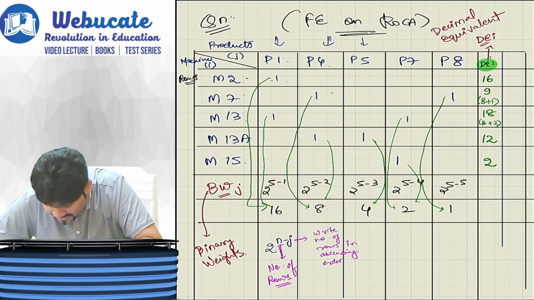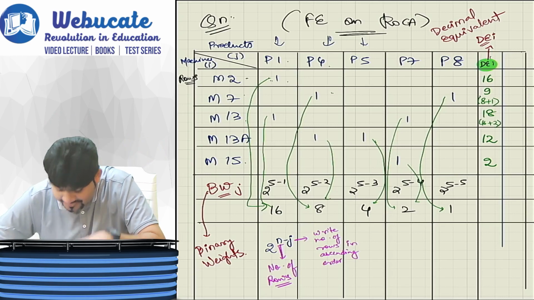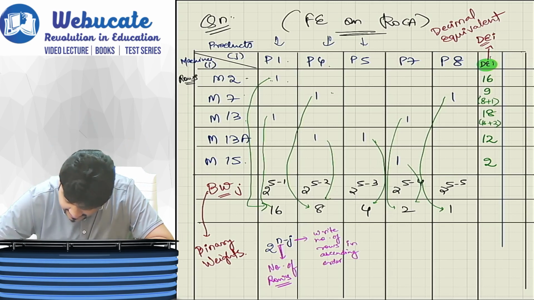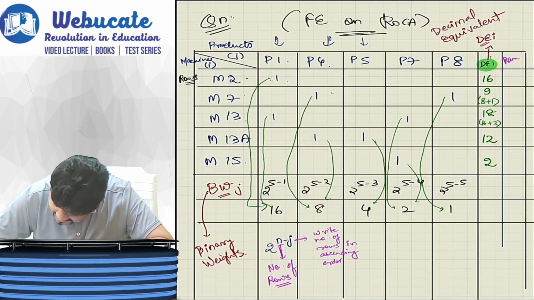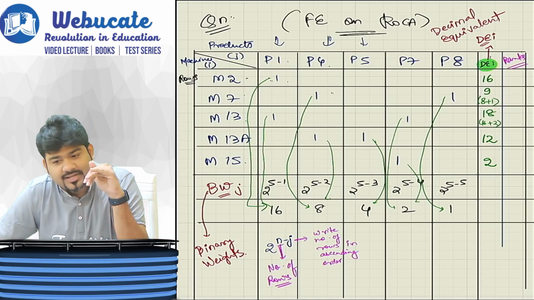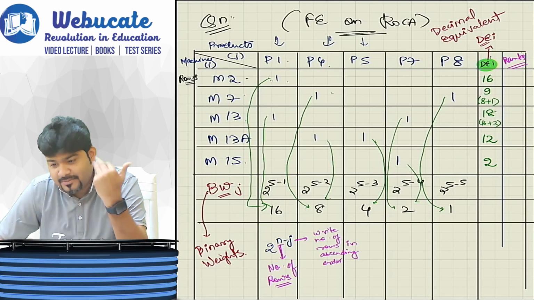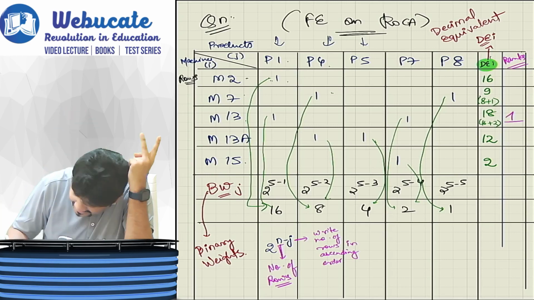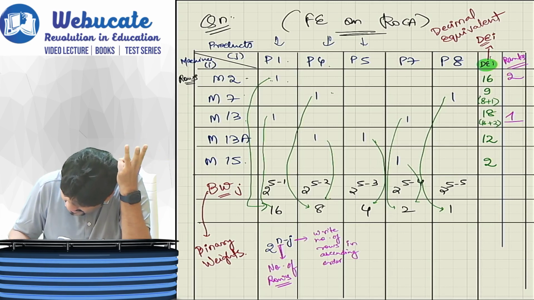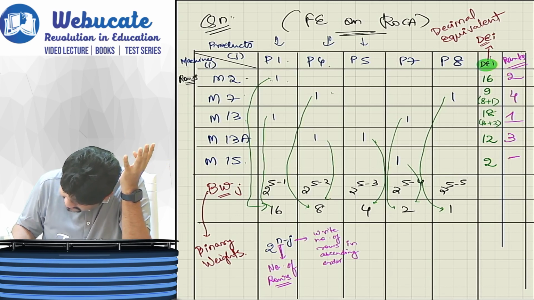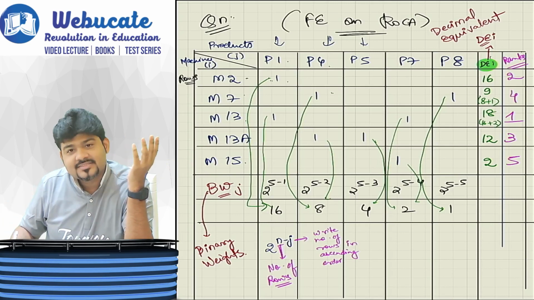Now we have to give the ranks. Almost the last step. As in, not the last step. Still a lot of steps are left, but in terms of understanding this table. Now we have to give ranks. You tell me, who gets the first rank? More marks or less marks? Sir, more marks get the best rank. So first rank 18 marks, second rank 16 marks, third rank 12 marks, fourth rank 9 marks, fifth rank 2 marks.